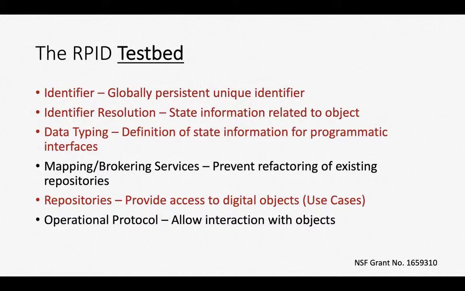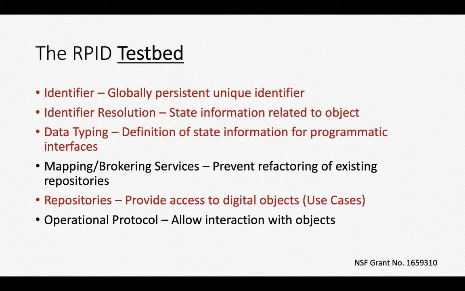That did the basic core services, which are a handle system, which provides the identifier and identifier resolution, and a data type registry, which does the data typing. And again, the repositories exist separately from the DOA. The repositories are usually owned and administered by the group that's collecting the data.